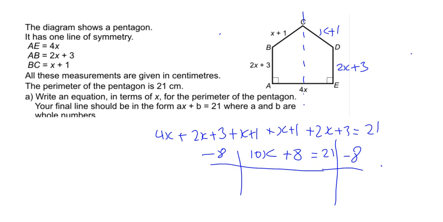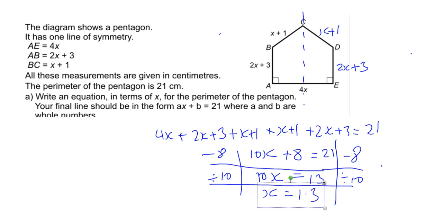So I'm going to take 8 from both sides, and that will give me 10x. The 8 drops out, and 21 take away 8 is going to give me 13. And then to find one lot of x, I'm going to divide by 10. And that's going to give me that x is 13 divided by 10, which is 1.3.